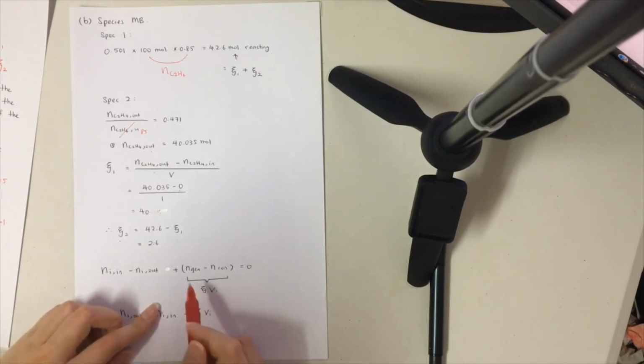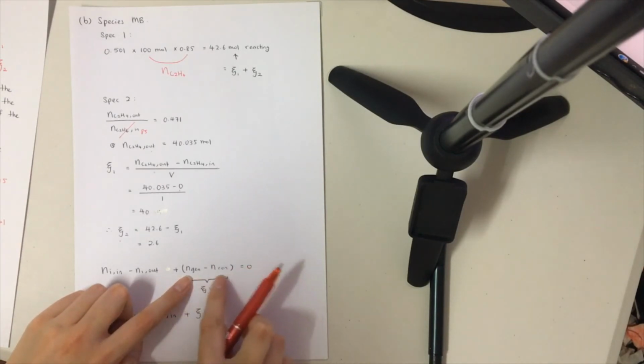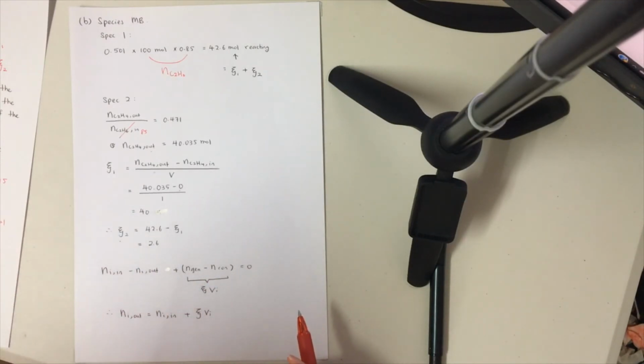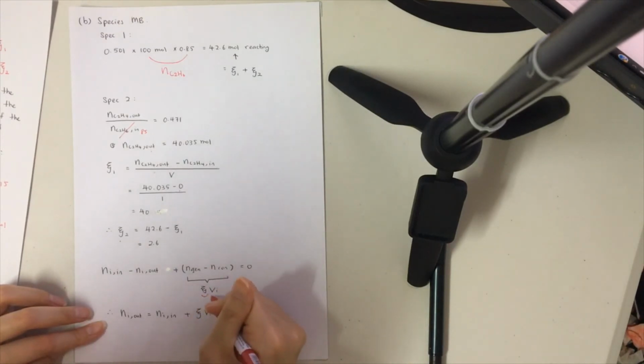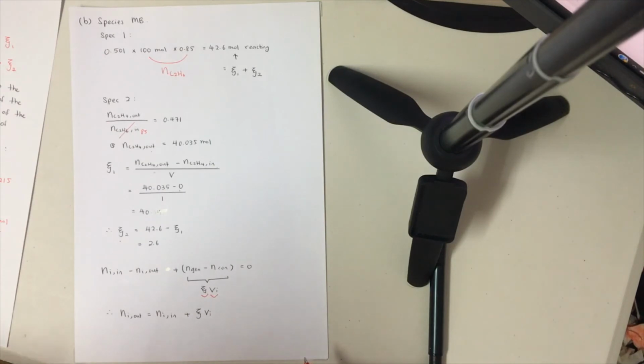And this part here, the generation and consumption, only happens when there is a reaction. So how do you represent it with a reaction? You can represent it using the extent of reaction multiplied by its stoichiometric ratio.